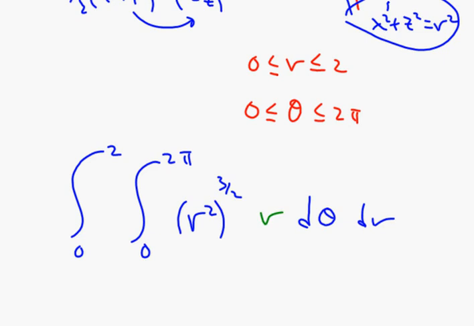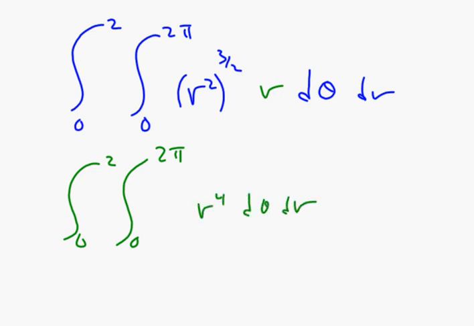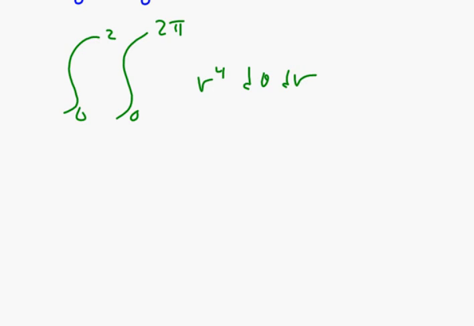So this actually turns out to be really nice, because now your double integral has turned into r cubed times r to the 4th, d theta dr. Well, this is going to happen very quickly. The antiderivative of r to the 4th with respect to theta is r to the 4th theta from 0 to 2 pi, or just 2 pi r to the 4th.